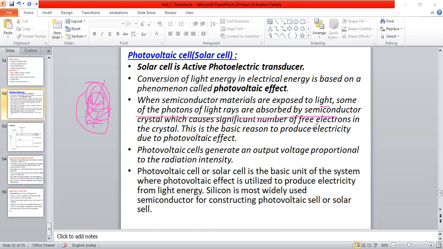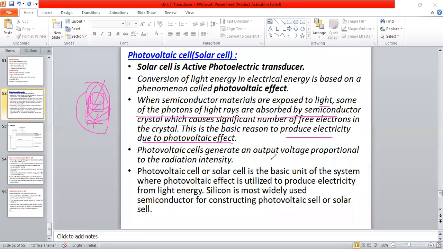The electrons get excited and start to flow. This is the basic reason the electricity is produced, due to the photovoltaic effect.